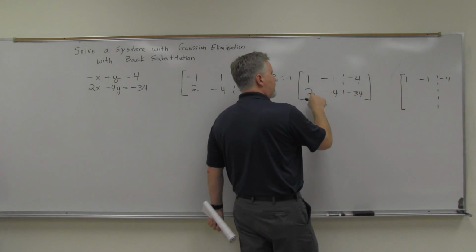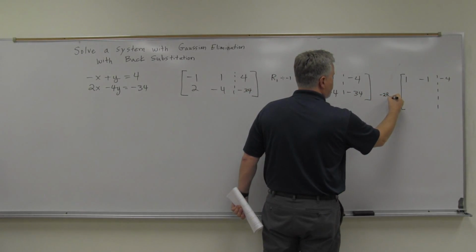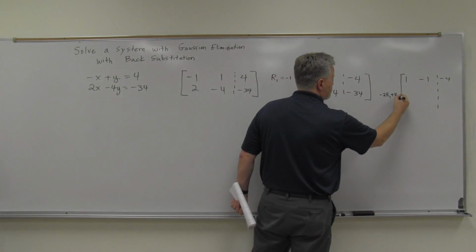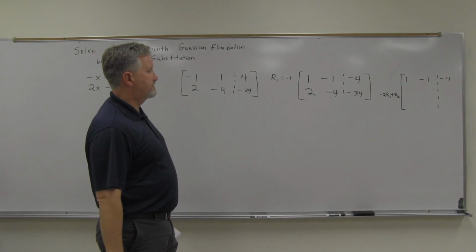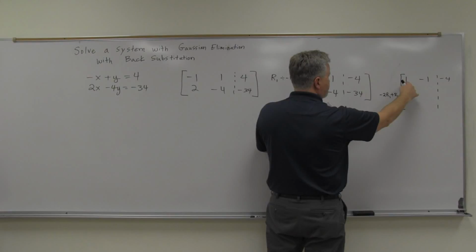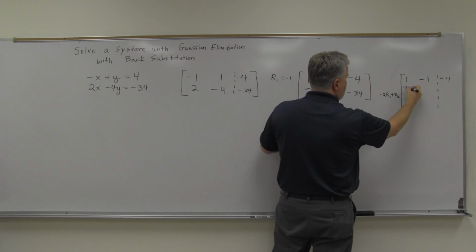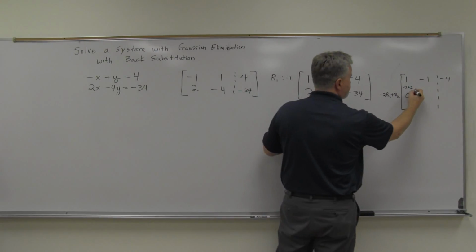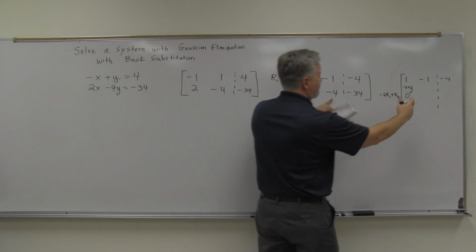But to make this 0, I would take negative 2 times row 1 and then add it to row 2. And that'll make that term 0, and it makes the rest whatever it is. What we're saying is take negative 2 times this, which would be negative 2, and add it to the row 2 entry there, and that'll give us 0. That's what we want. Now, to make it legal, we've got to do that all the way across.